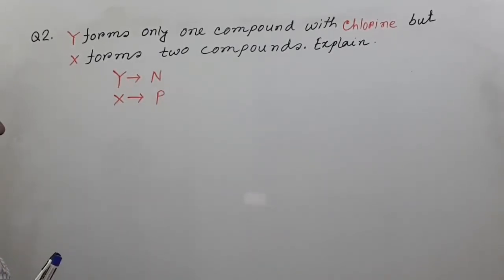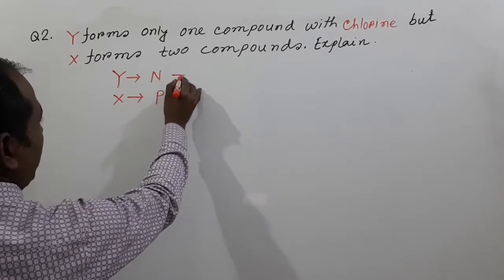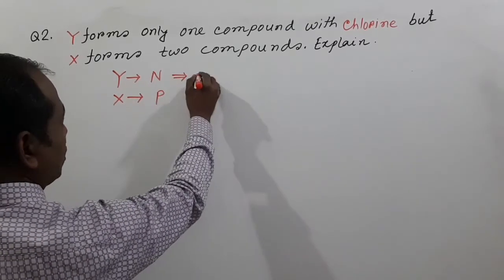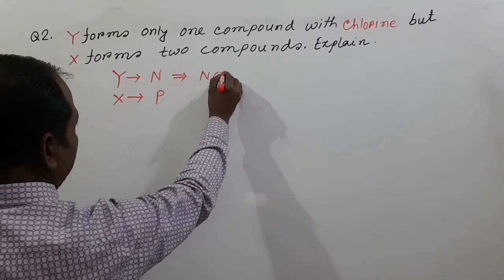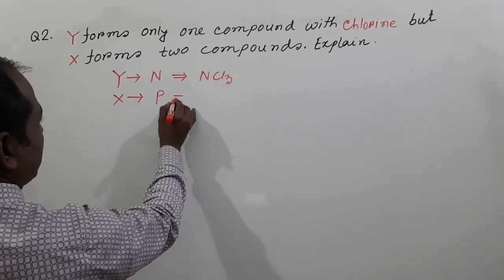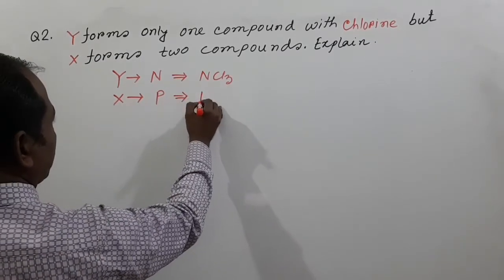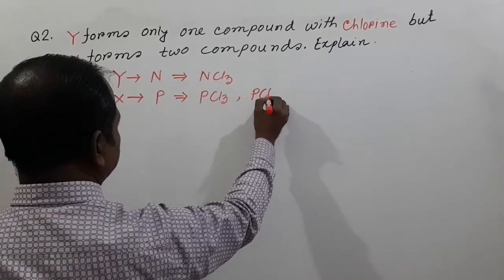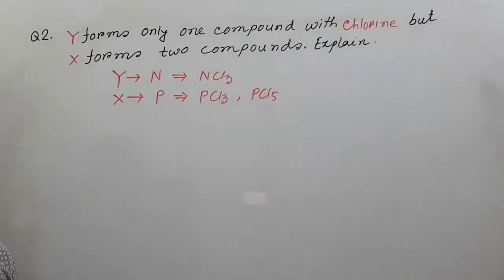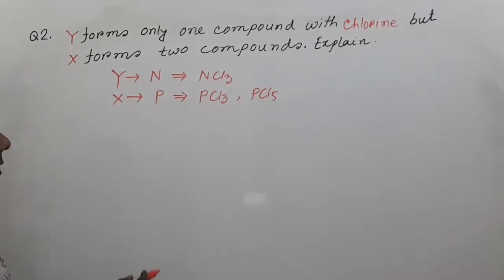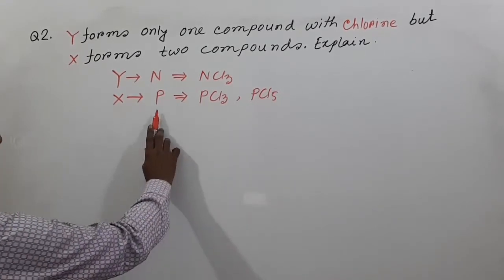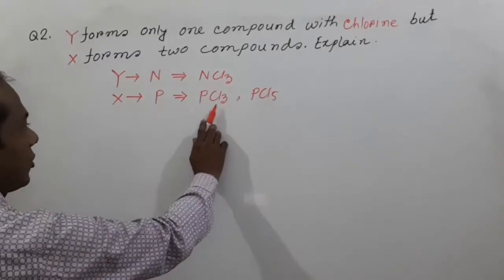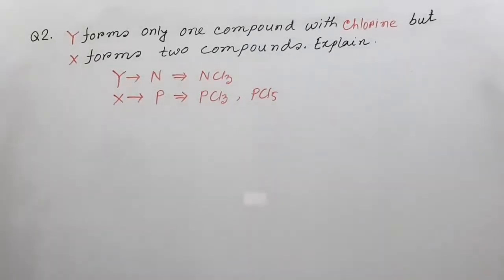So the chloride compound of nitrogen is NCl3 and the chloride compounds of phosphorus are PCl3 and PCl5. Now we have to explain why nitrogen forms only nitrogen trichloride, but phosphorus forms phosphorus trichloride and phosphorus pentachloride.